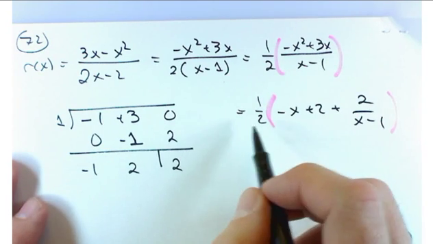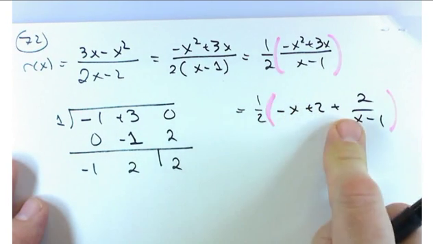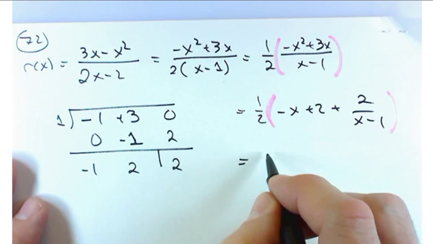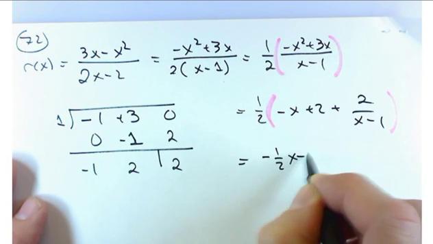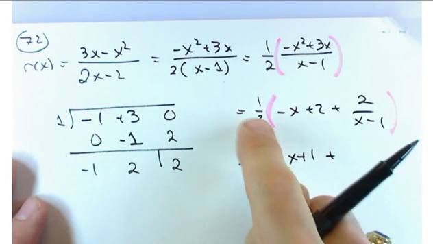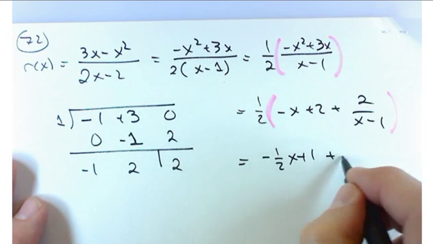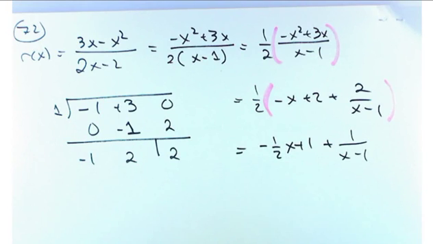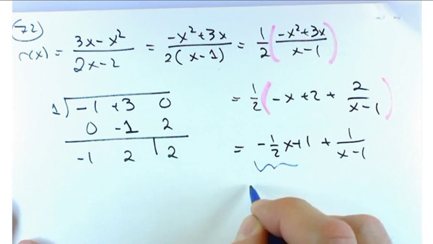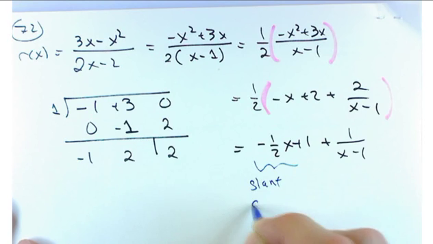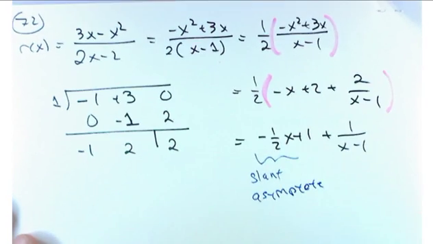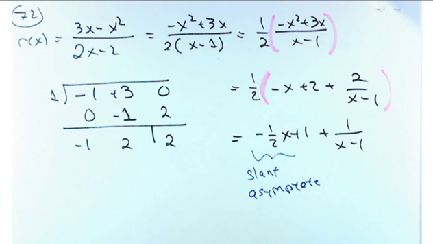But if you did follow through this one, then let's distribute the 1/2 and get negative 1/2 x plus 1. 2 times 1/2 is going to cancel. But this quotient, as before, that's my slant asymptote. Right there, negative 1/2 x plus 1.